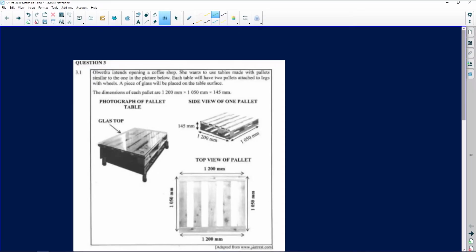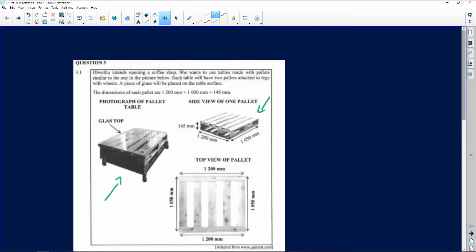It says to us here, Olwetu intends opening a coffee shop. She wants to use tables made with pallets. So we can see that the pallet is given over here. That's an example of one of the pallets. It says each table will have 2 pallets attached to legs with wheels, similar to the one in the picture below. A piece of glass will be placed on the table surface.